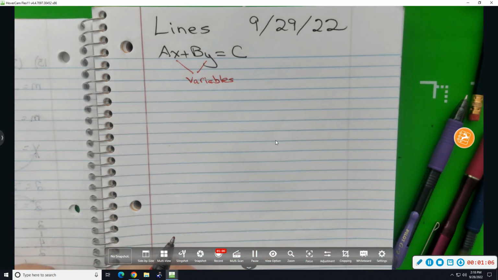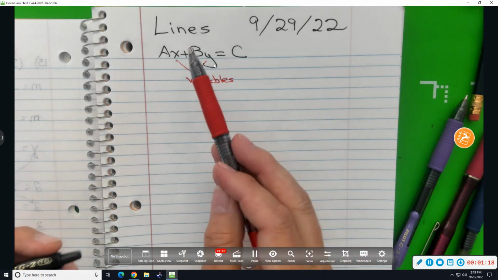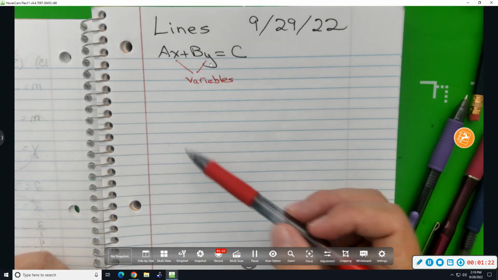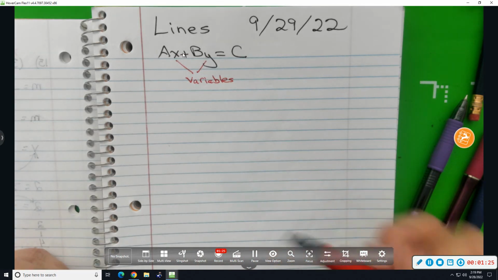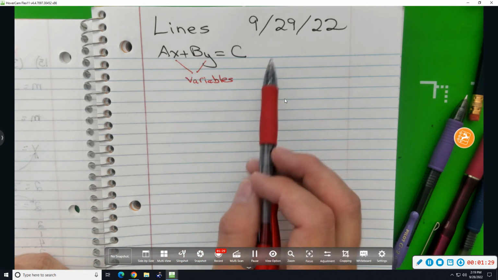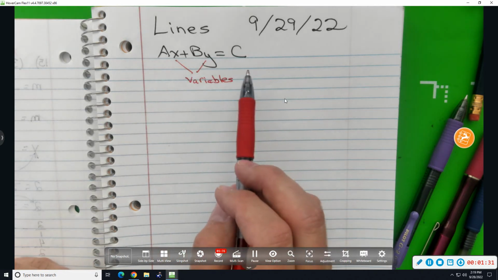And you don't have any square roots of x. You don't have an absolute value of y. There are no powers or operations being performed on those variables. This is said to be in standard form for the equation of a line.